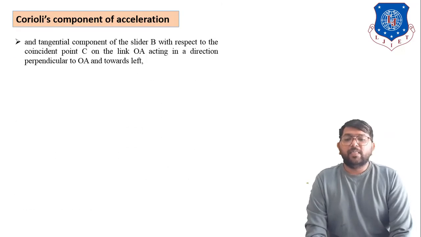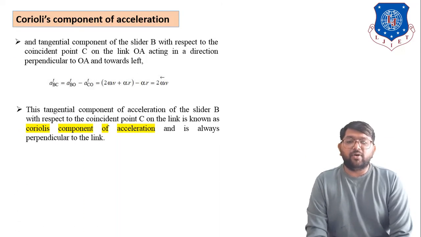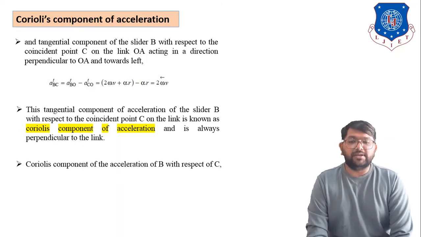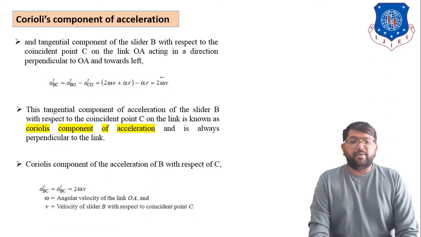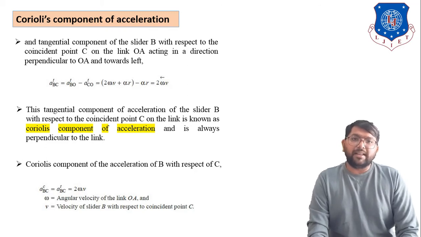Now the tangential component of the slider B with respect to the coincident point C on the link OA, acting in direction perpendicular to OA and towards left. So acceleration at BC is equal to acceleration at BO minus acceleration at CO. All are tangential.